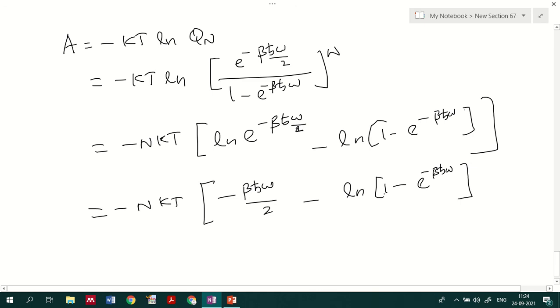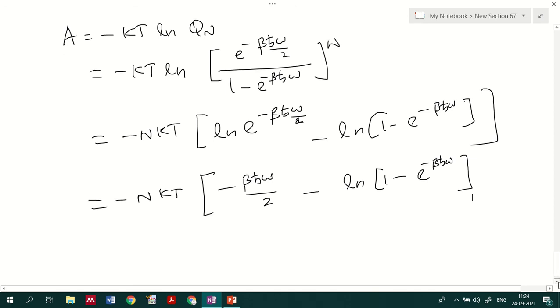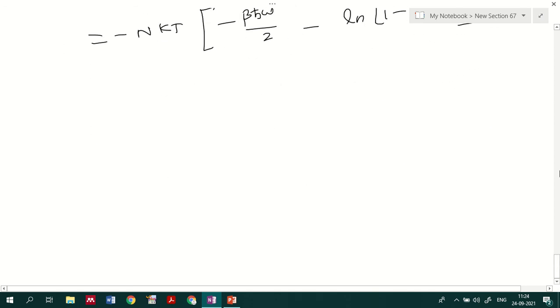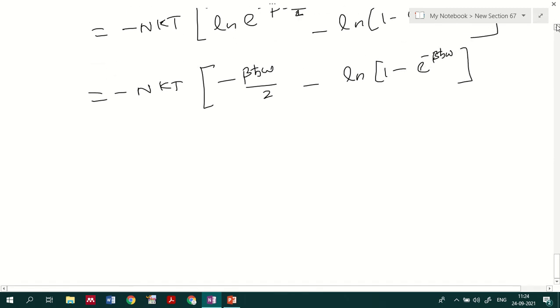Okay, so we've got a beta here. When you multiply with the terms here, kT and beta will cancel because beta equal to 1 by kT, so we'll have n h cross omega by 2 plus nkT ln of 1 minus e raised to minus beta h cross omega.